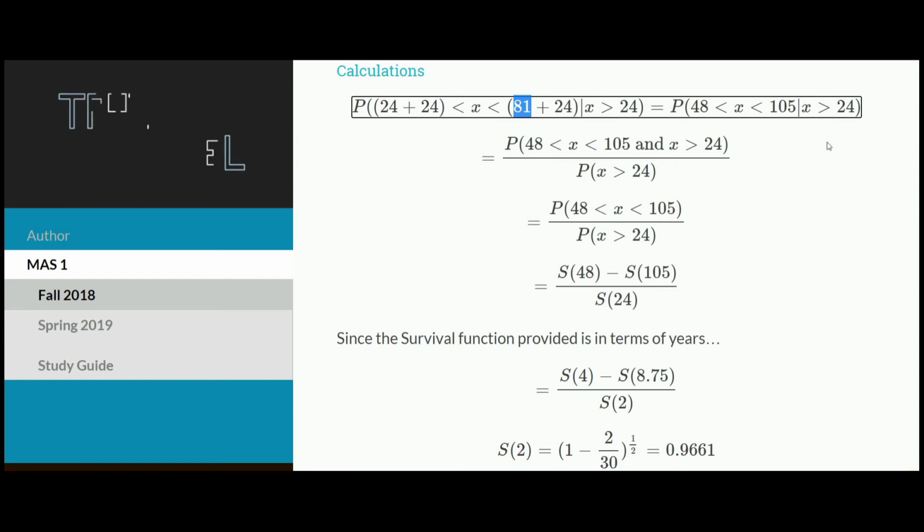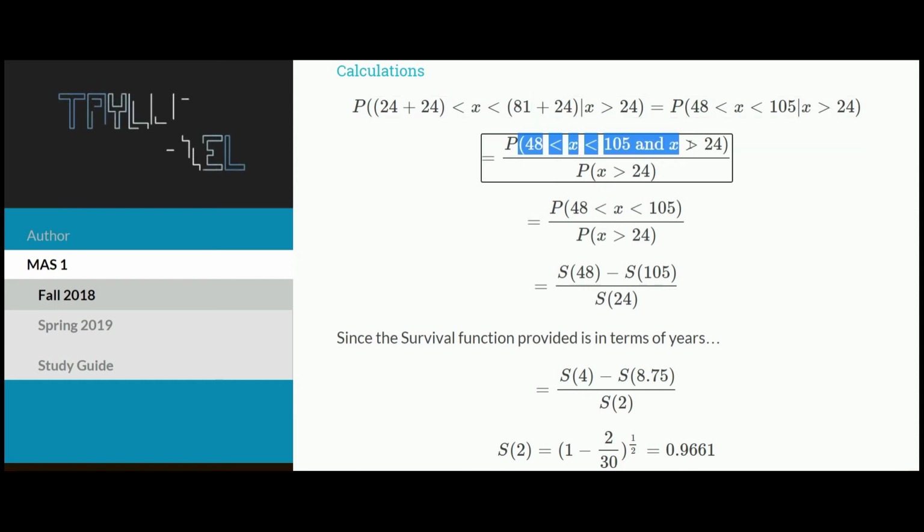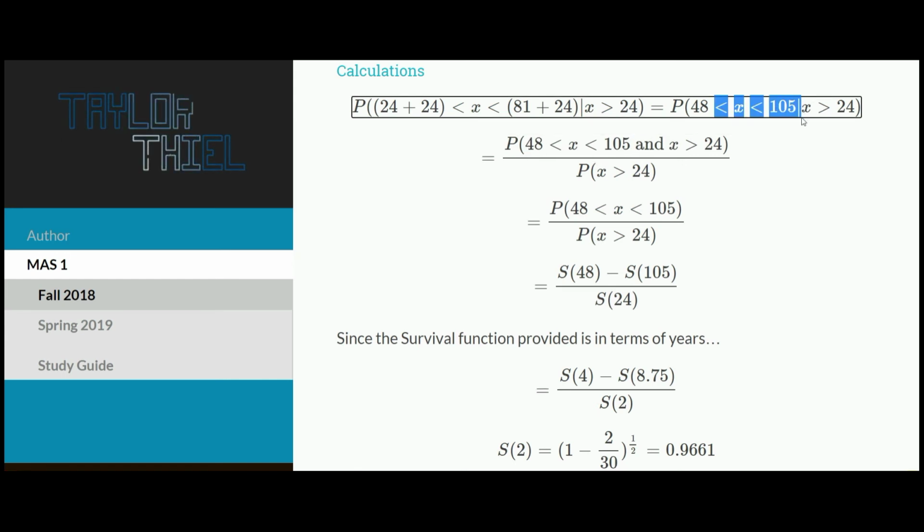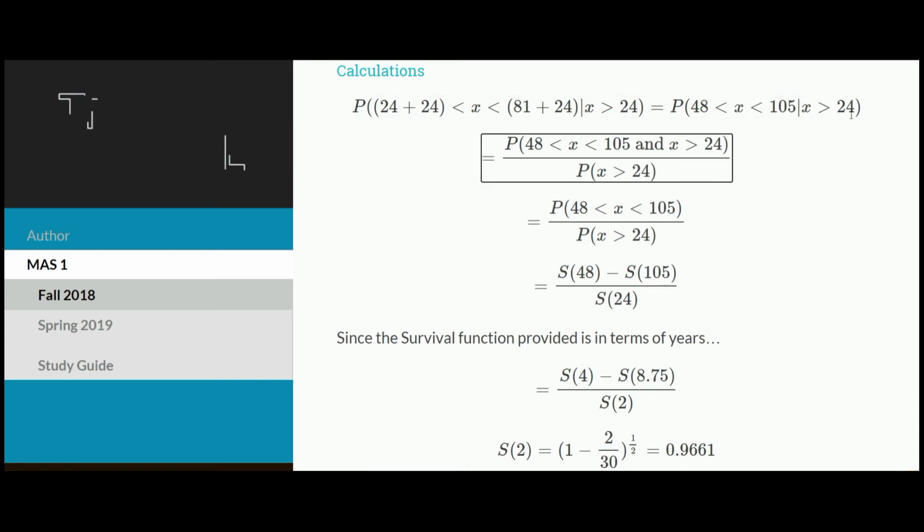At this point, applying Bayes' theorem, we get this. It's the probability of the thing of interest and the conditional, divided by the probability of the conditional. One thing that works out nicely here is that the probability of you being greater than 24, assuming you're already between 48 and 105, is 100%.